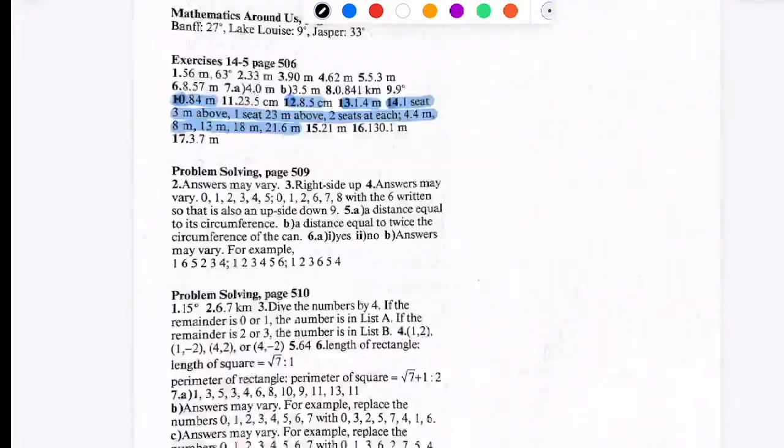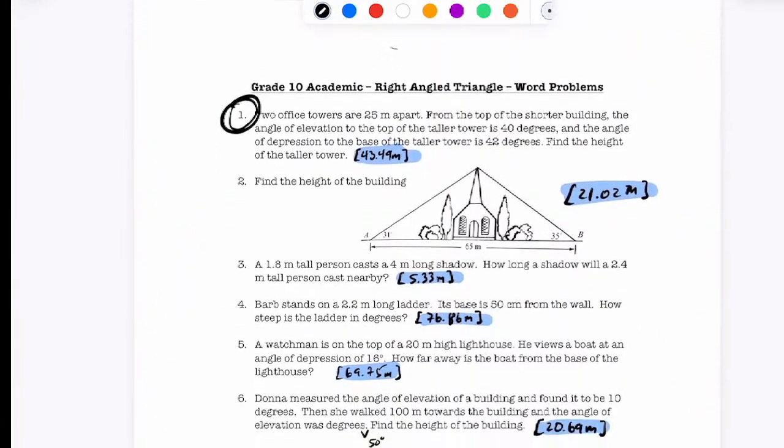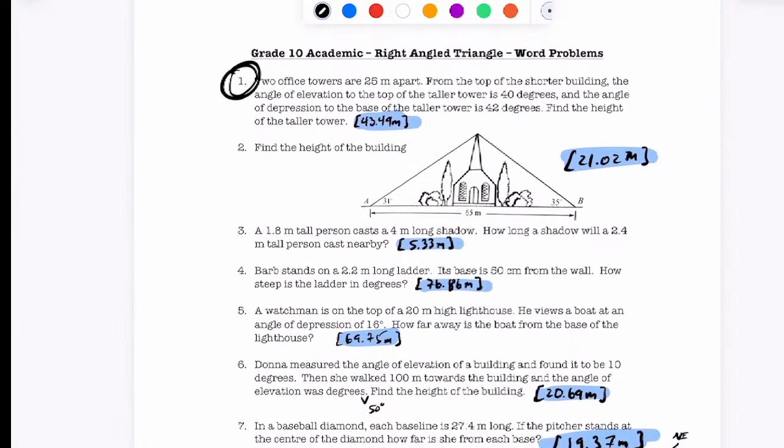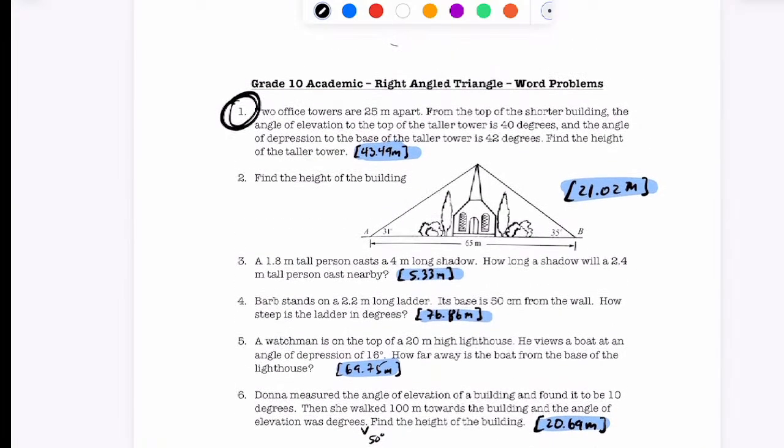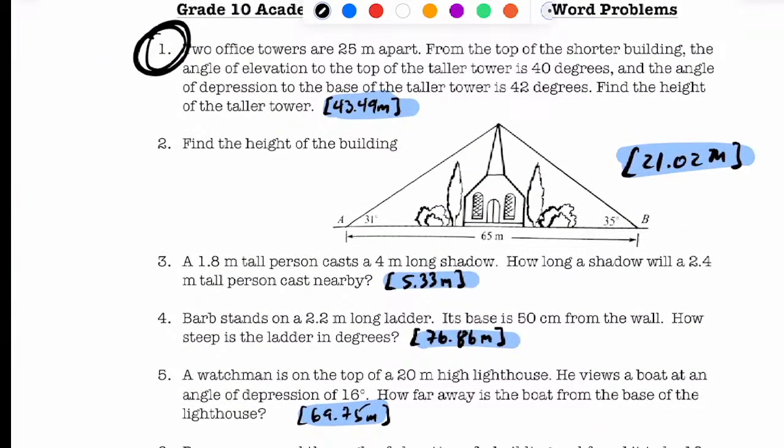Oh, the original worksheet? I should label these better here. Oh, number 3. Right here? There we go. Okay, alright, this will be the last one.